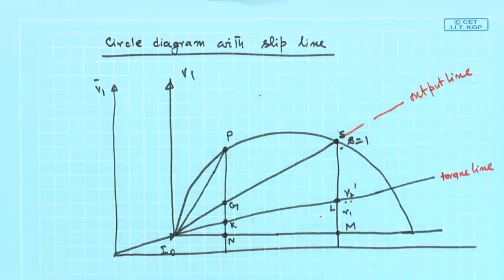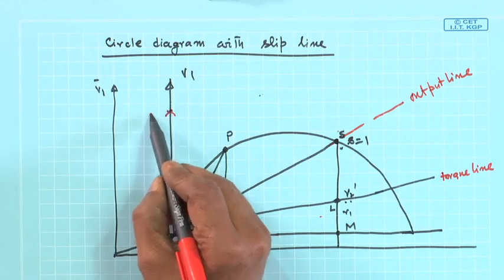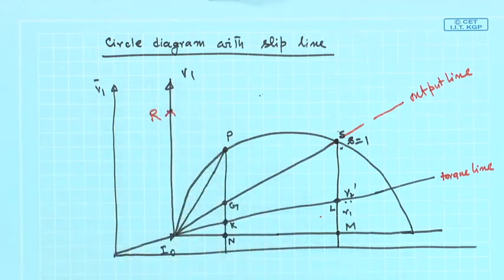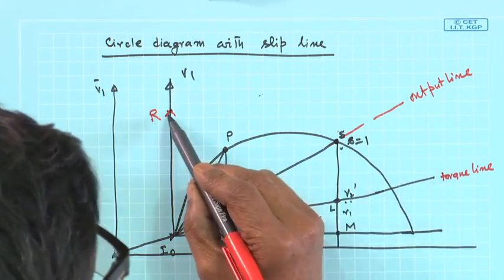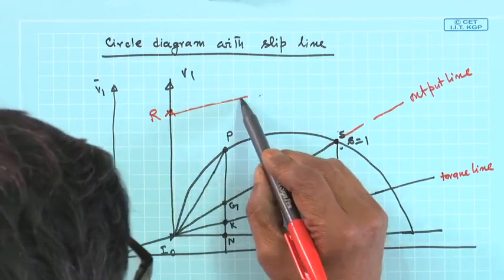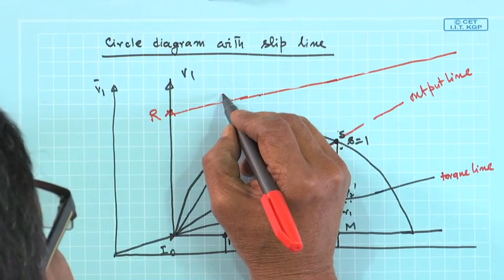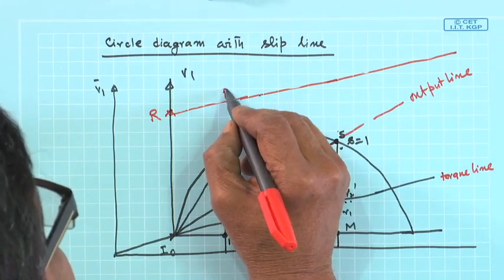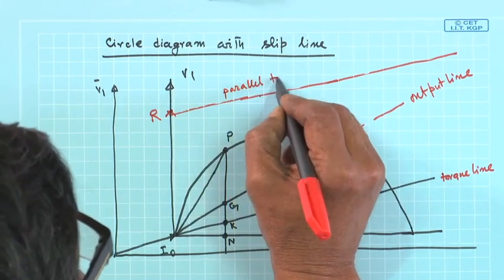What you do is take any point R on the V1 axis and draw a line parallel to the torque line, here. This line you draw parallel to the torque line.